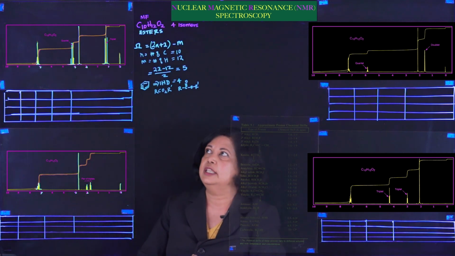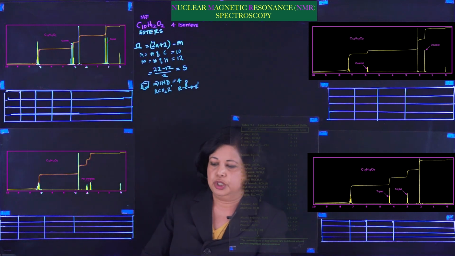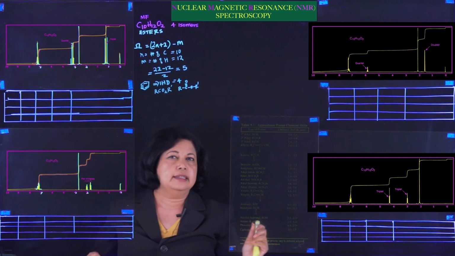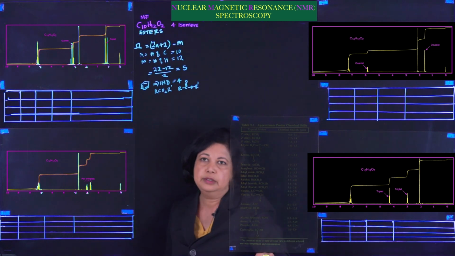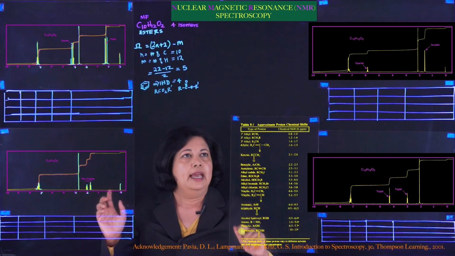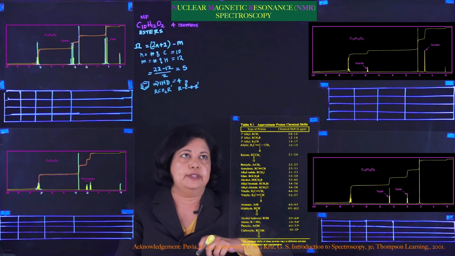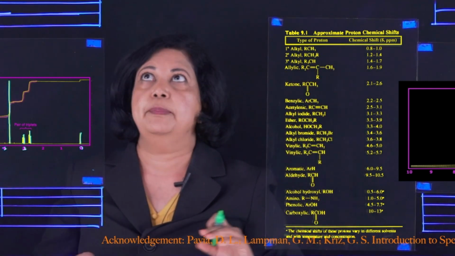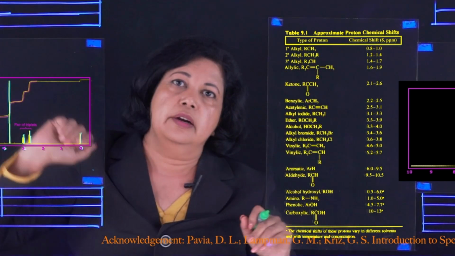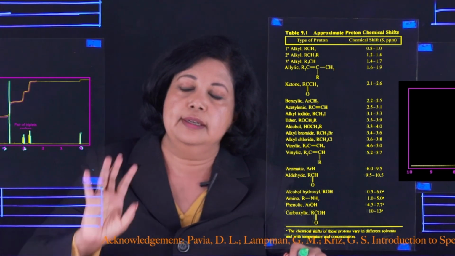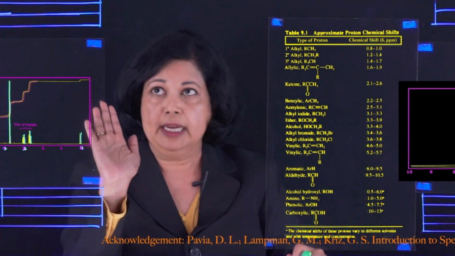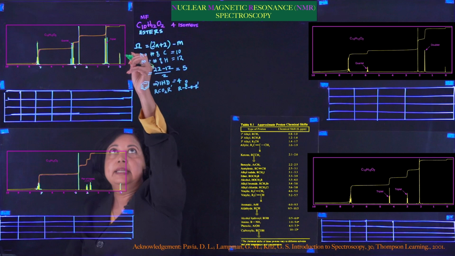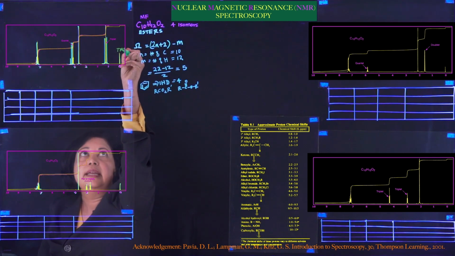Okay, let's look at each of these spectra and put a structure together. Now, if you have a benzene and you have 2 oxygens, there are certain deltas, or chemical shifts, that you have to look for. I'm just going to briefly talk about chemical shifts here, since we didn't mention it before. The chemical shifts are based on the amount of shielding around the hydrogen. So a hydrogen has the maximum number of electrons around it when you have TMS, which is tetramethylsilane.